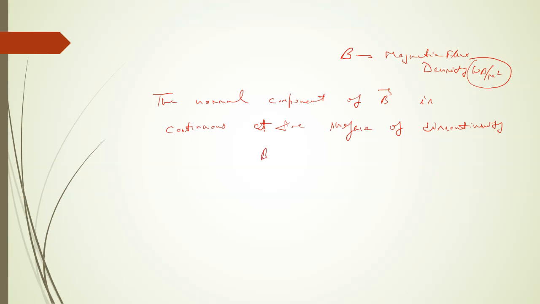That is Bn1 equals Bn2. In the last lecture I told you the meaning of normal component. Normal means the perpendicular component, perpendicular to a surface.